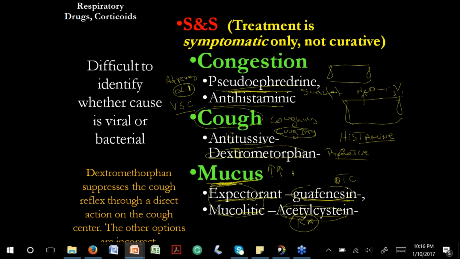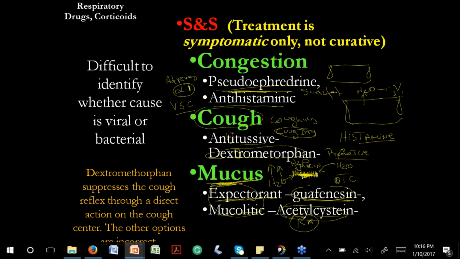If you have the mucus here, this is the mucus. The mucus is going to be formed by a protein that is called mucin. This is a protein that is going to be in the mucus. So what is guaifenesin doing? What is acetylcysteine doing? Guaifenesin brings water into the mucus. So if you bring water into the mucus, what is going to happen? The mucus becomes more fluid, right?